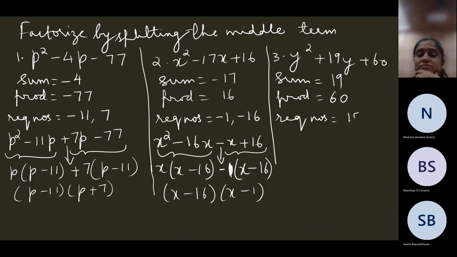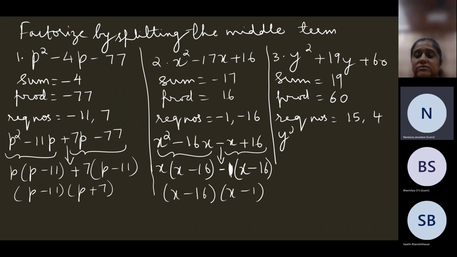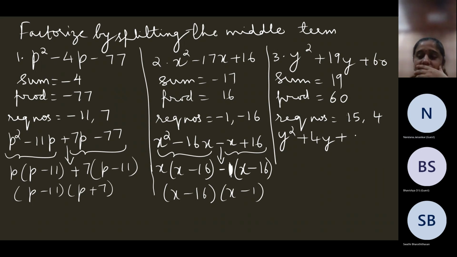Nandana, signs? Plus 15 plus 4. Yeah, then tell me the next step. Ma'am, y squared plus 4y plus 15y plus 4... Y square plus 4y plus? y plus... Nandana, what happened?